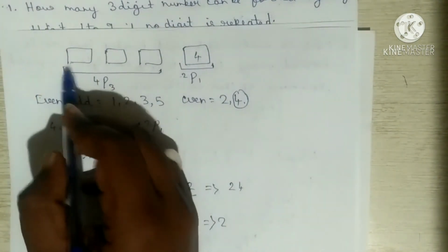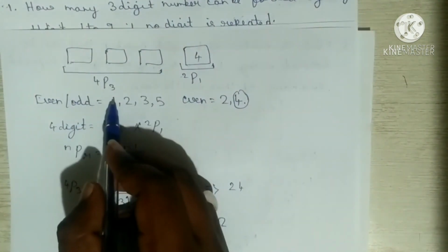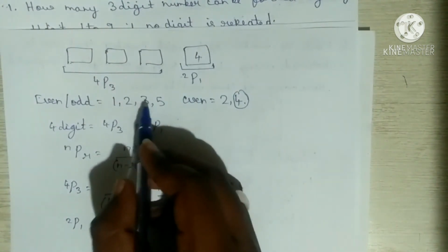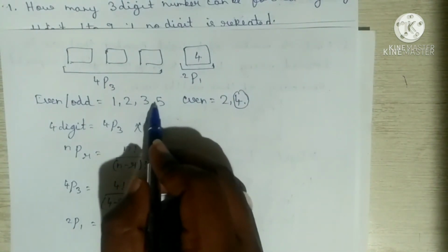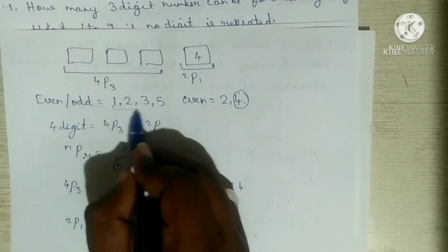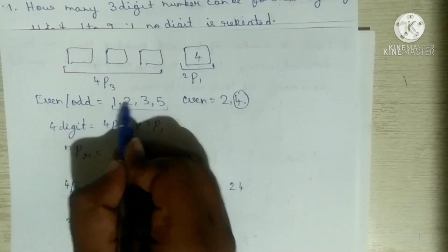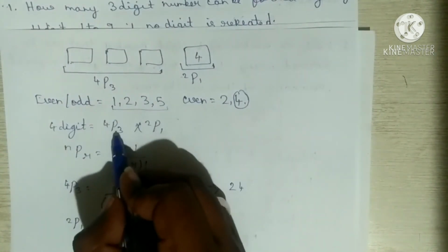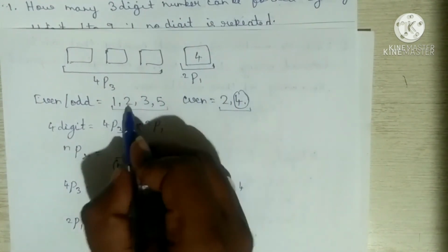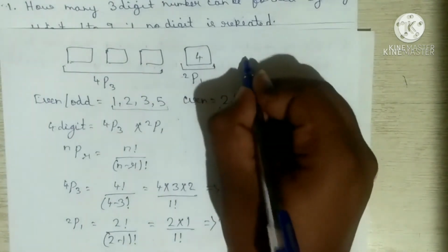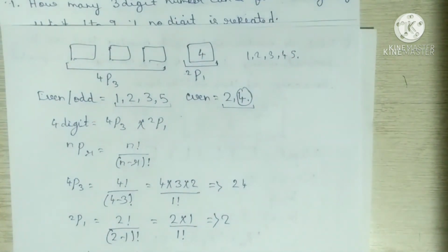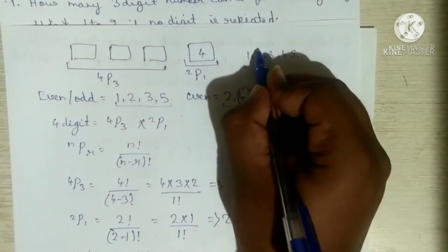This is even and odd both. Even and odd means 1, 2, 3. If 4 is used, digits cannot be repeated, so we did not consider 4 again. In the remaining terms 3, 5, we need to find 3 terms, where n is equal to 4 and r is equal to 3. The even terms in the given data 1, 2, 3, 4, 5 are only 2 and 4.